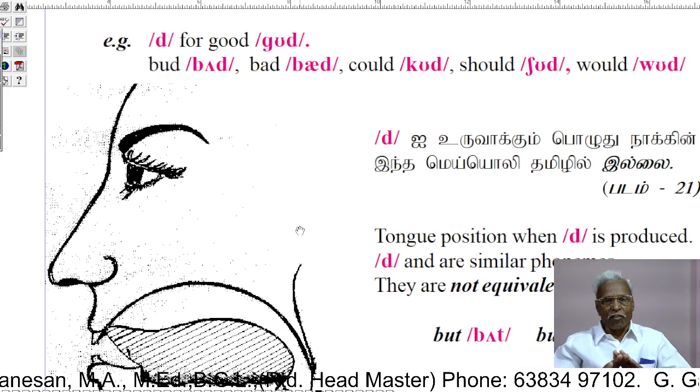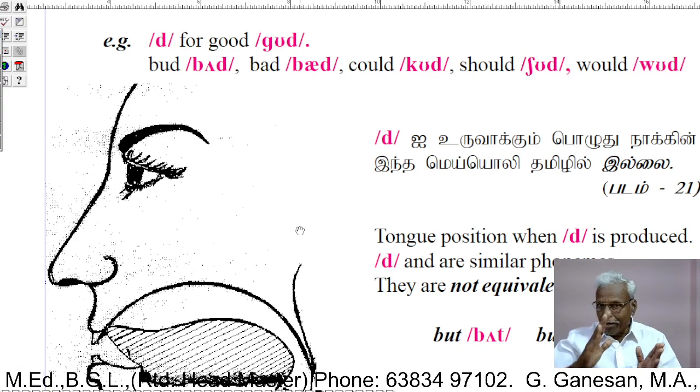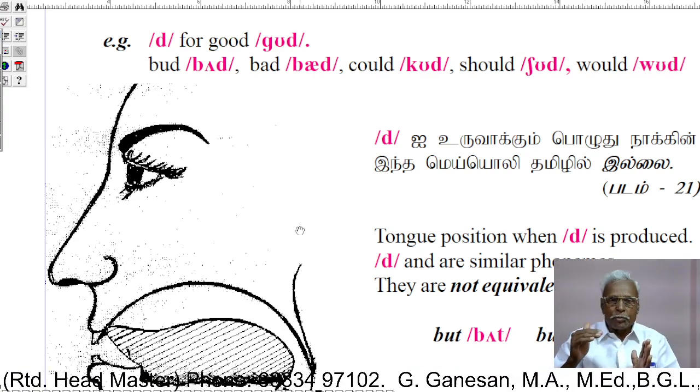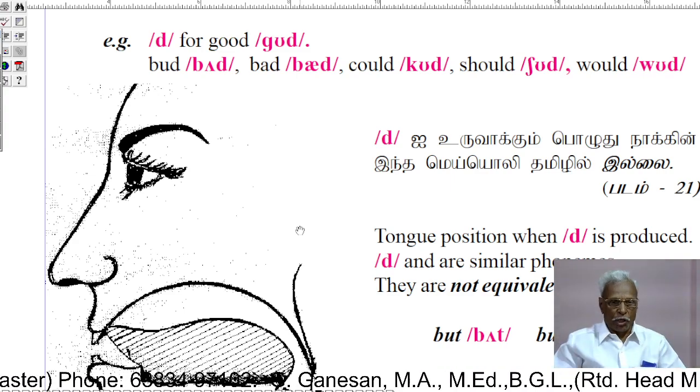It is produced in the same way. It is produced by bringing the tip of the tongue into tight contact with the upper teeth ridge and sounding.